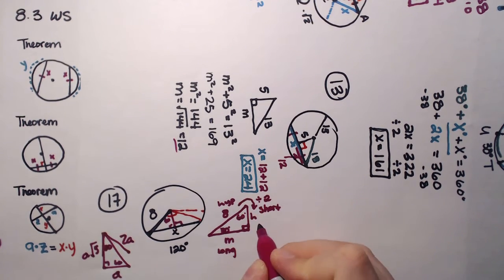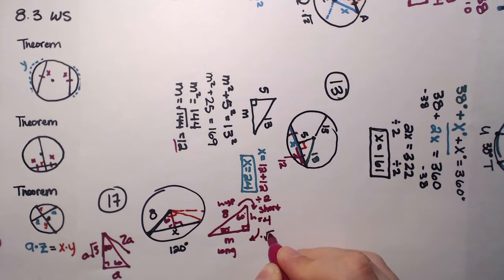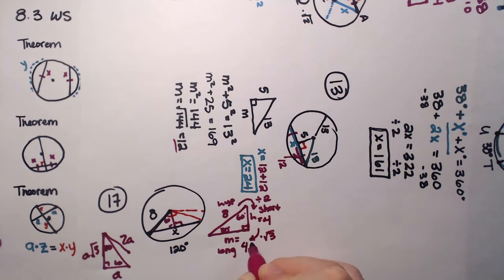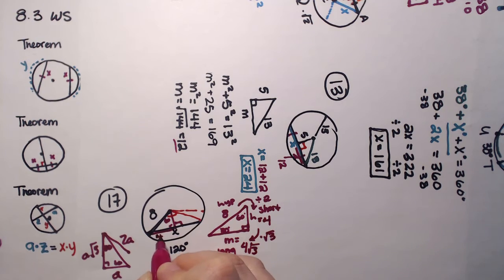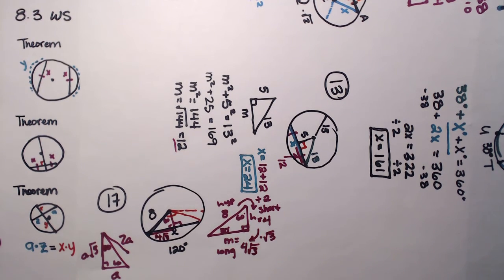So divide by 2, that's 4. Multiply by the square root of 3, so that side is 4 square roots of 3. So we found that piece is 4 square roots of 3, and I'm going to let you find x on your own.